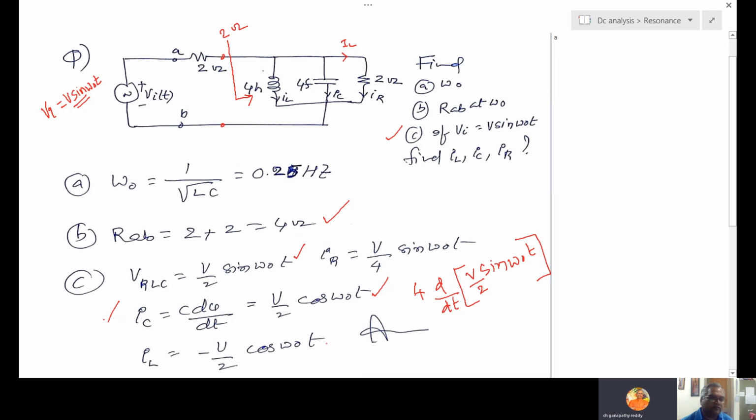Simplify, you get this. And IL value and IC value are opposite. IC coming down, IL will go up. So minus V by 2 cos omega naught t. IC plus IL equal to 0. So like this we can answer. This is asked in GATE.